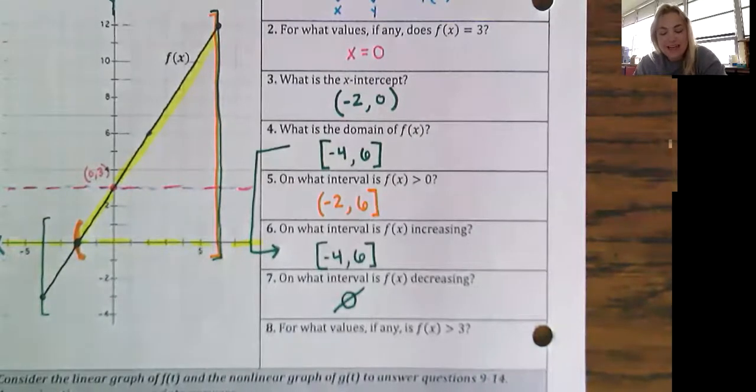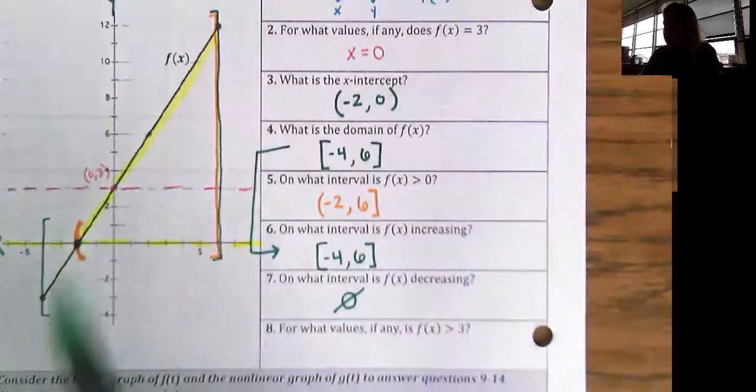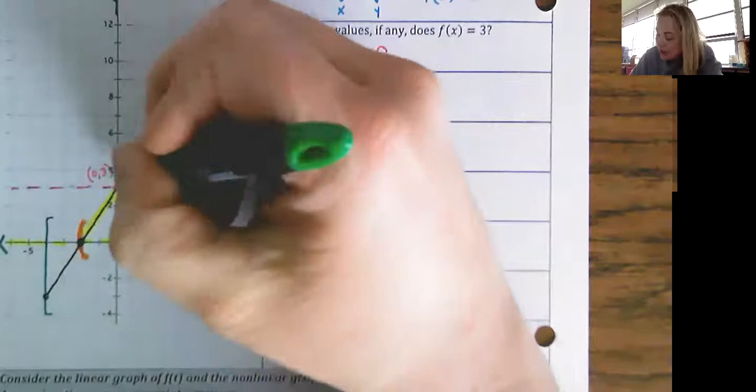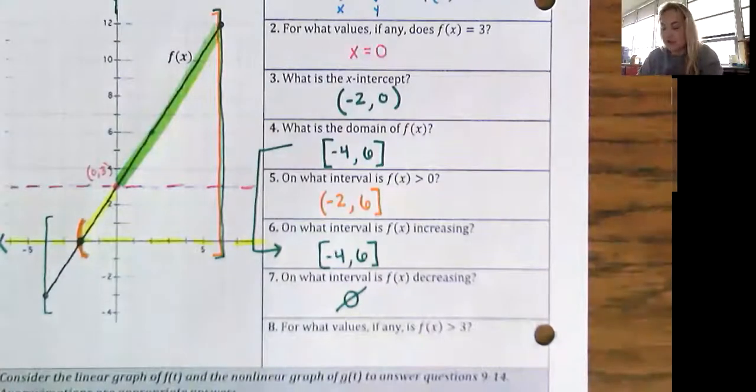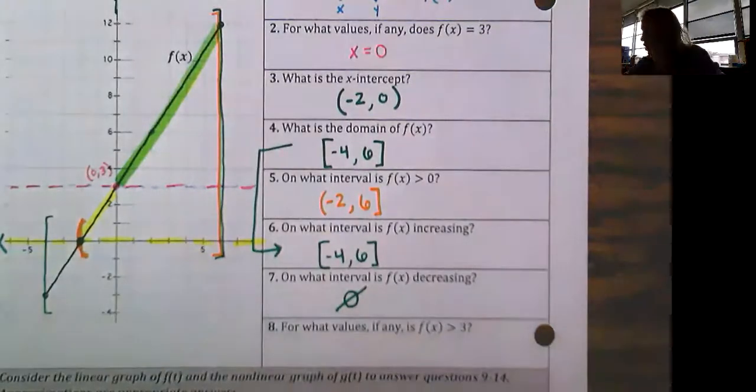Okay, when is f of x greater than 3? F of x greater than 3. All right, remember how we drew a line at 3? That was pretty handy. We now need to look at any of the dots above that line. So all of that green section. Well, where does it begin going above 3?